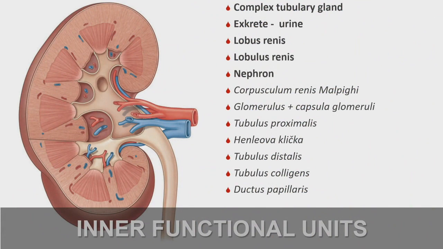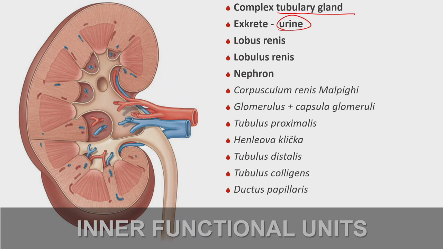I have described the inner structures, the macroscopic differences between the capsular and medullar parts, but the kidney is a very complex tubular gland, which is able to create the excrete which is called urine.